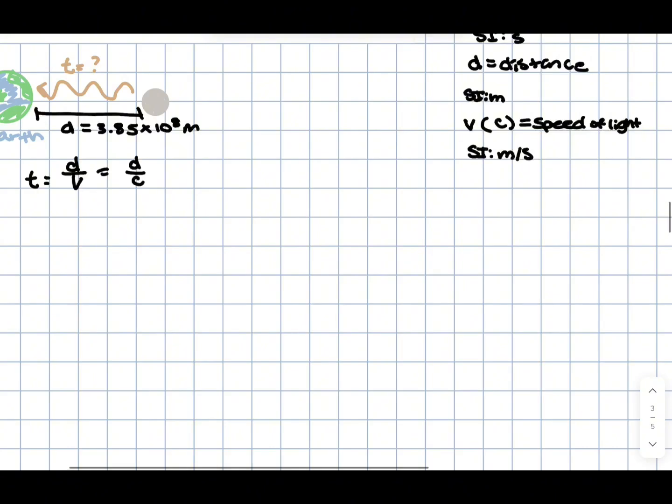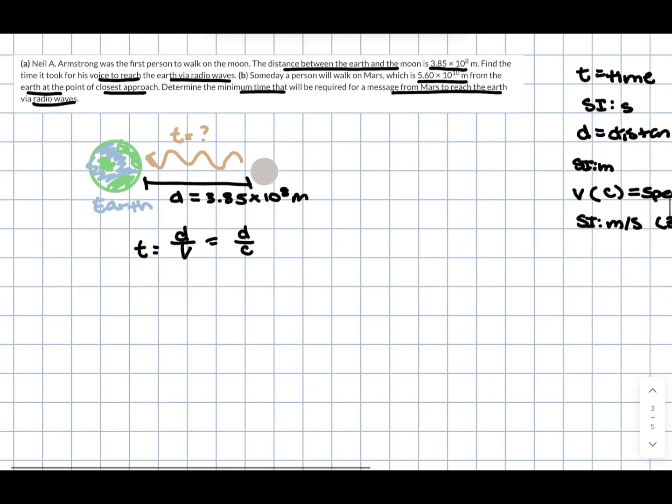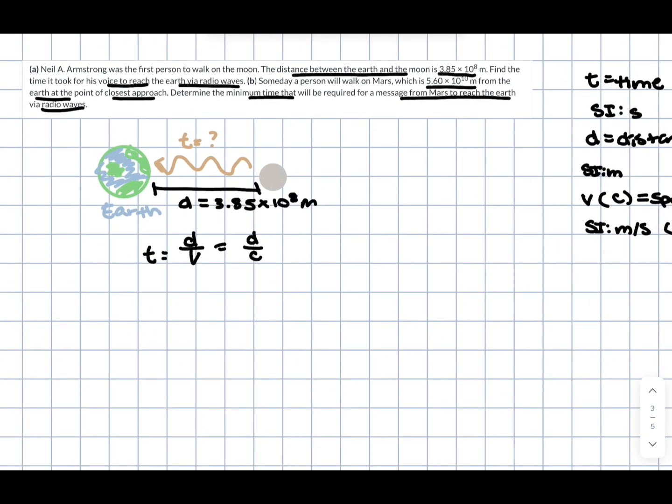All right, and then that's also a constant, so that's 3.00 times 10 to the 8th meters per second, and we're going to use this value in our equation again, just like the previous problem that we learned from. All right, so now we can go ahead and plug all those values in. We have our time equals, oh yeah, the distance is going to be the 3.85, which we already wrote down there.